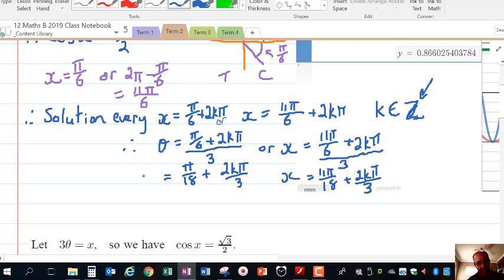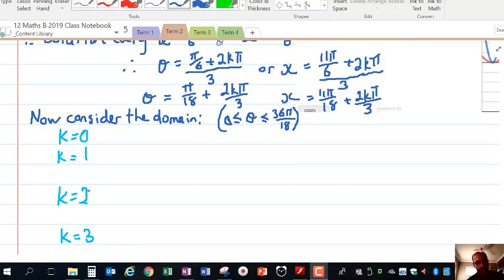X was just a temporary substitution. So for the domain, it said 0 to 2 pi. I've converted that into 18ths because that's convenient there. And so when k equals 0, we look at how we generate the specific solutions here. We've got pi on 18 plus 2 times 0 times pi on 3, which just remains at pi on 18.